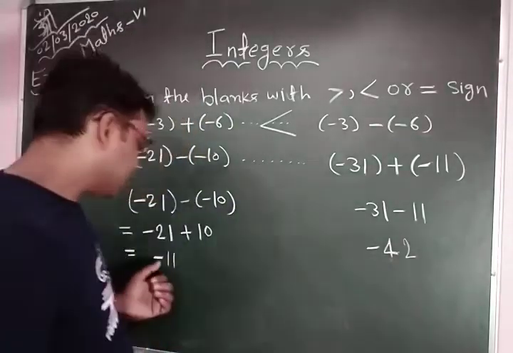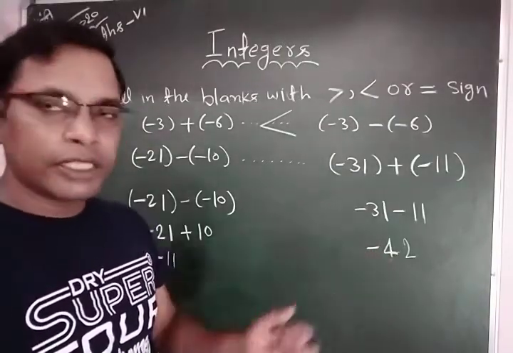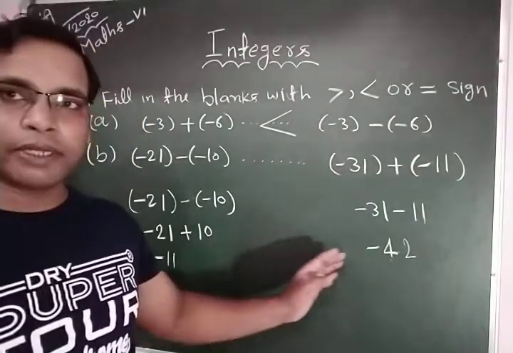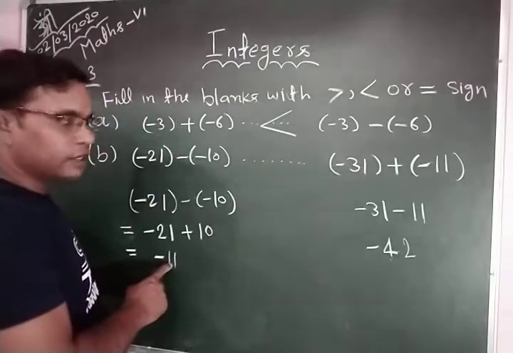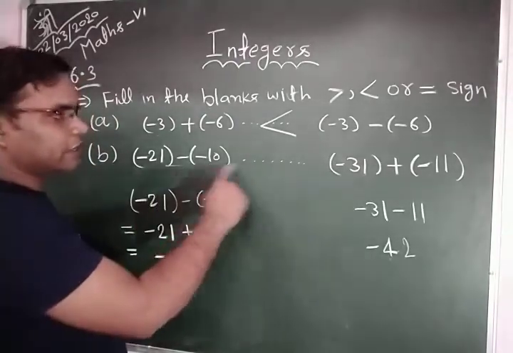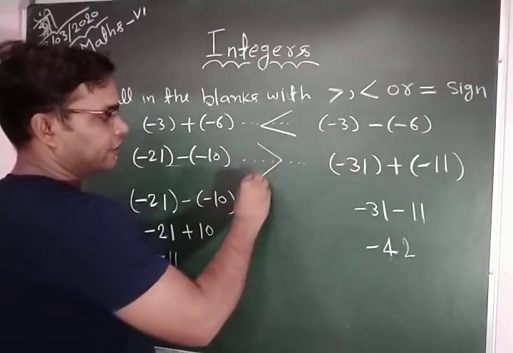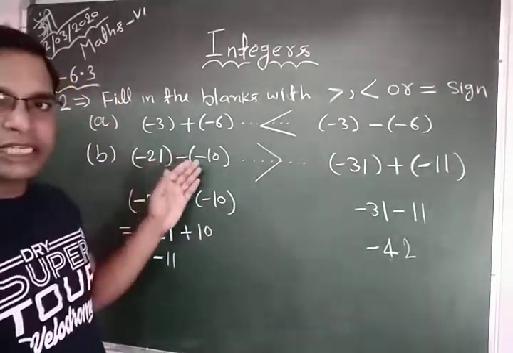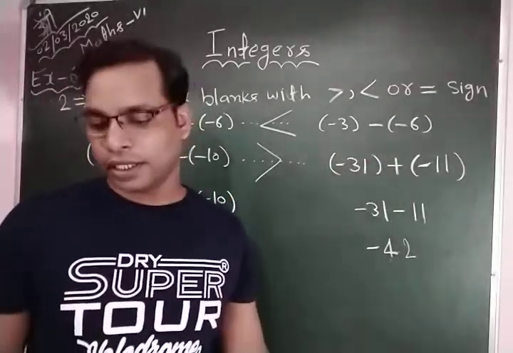So minus 11 is greater than minus 42. So it means that this is greater than this. So you can use the symbol like this. You can read it: minus 21 minus minus 10 is greater than minus 31 plus minus 11.